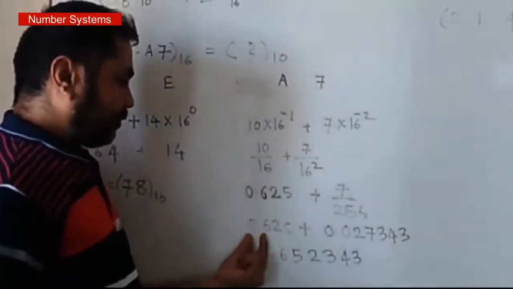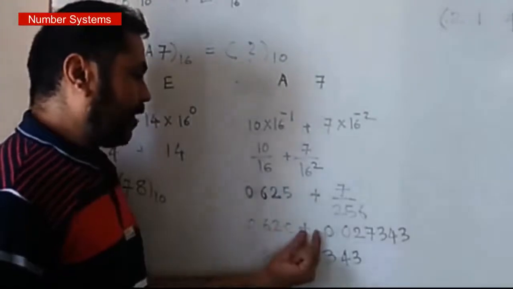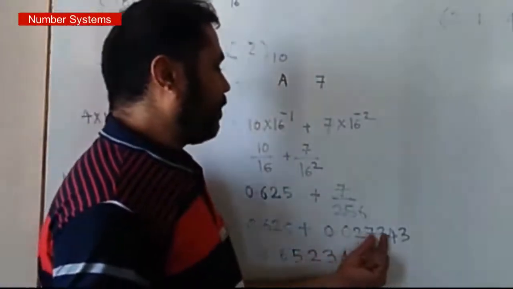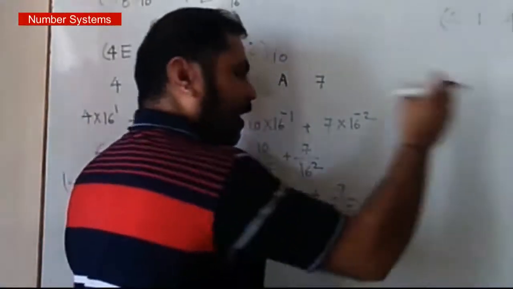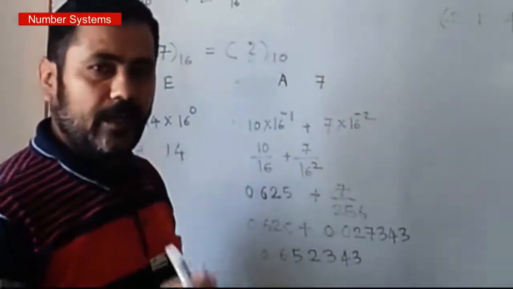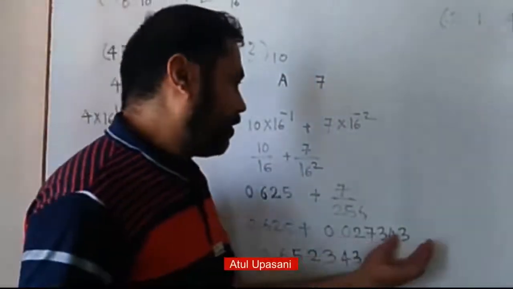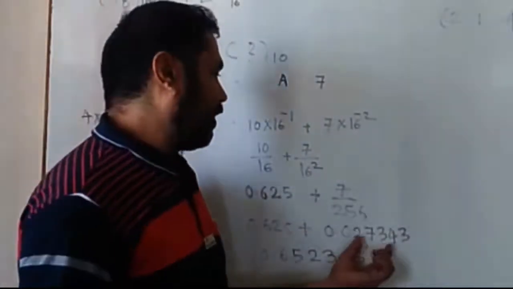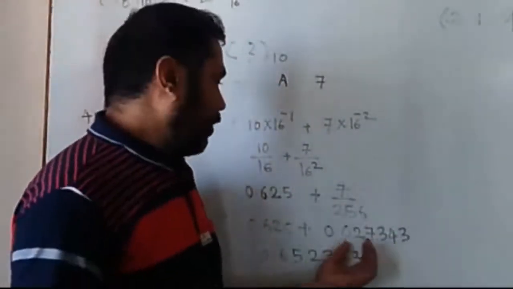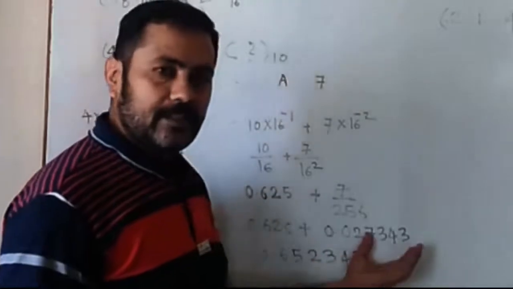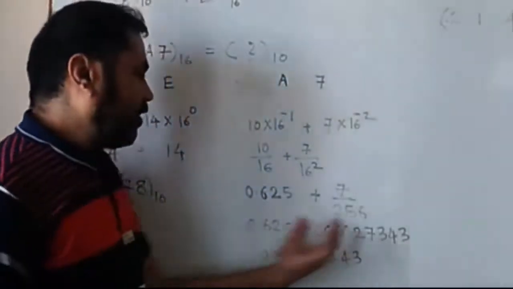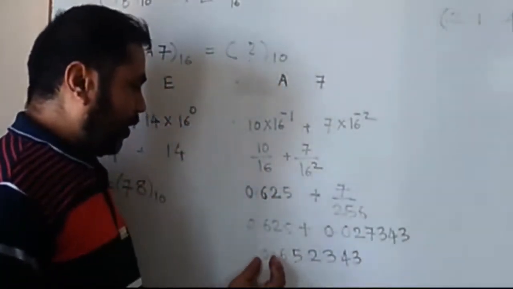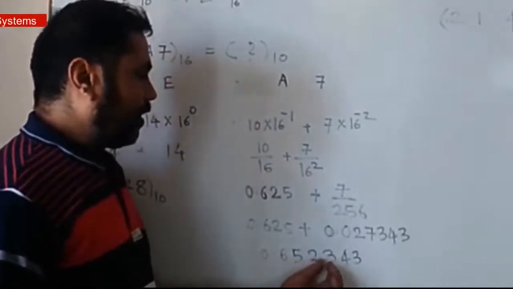So the answer is 0.625 plus 0.027343. We can add further digits after the decimal point, but it will have more value, so neglecting the further digits, I have taken only 5 or 6 digits here. The addition of these two was found to be 0.652343.